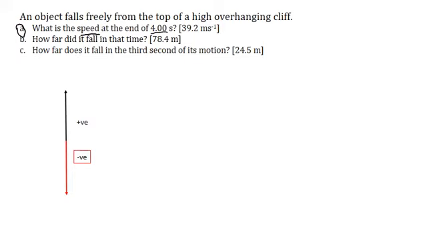You have to remember that speed is actually the magnitude of velocity. In other words, just the value of the number of the velocity. So how do you solve this question? Since we're looking for the magnitude of the velocity, we need to find v.